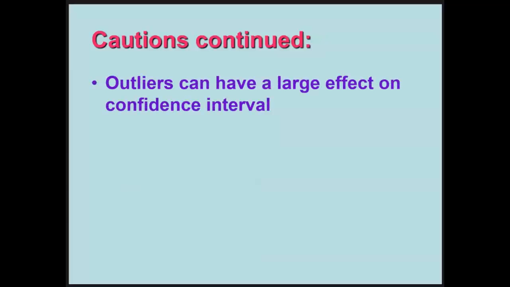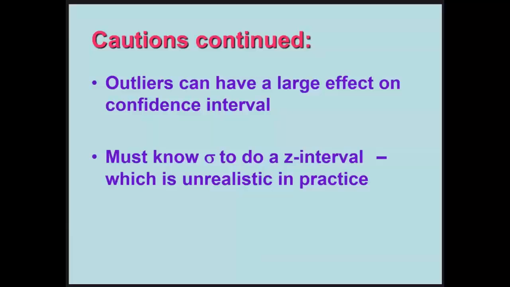Outliers can have a huge impact on confidence intervals, and it's nice if we happen to know sigma, then our t process turns into a z process. But as I've tried to say several times, it's not really realistic to think that we're going to know the standard deviation of the population, considering we're trying to estimate what the population is thinking.